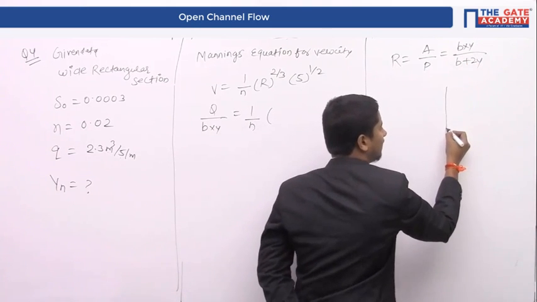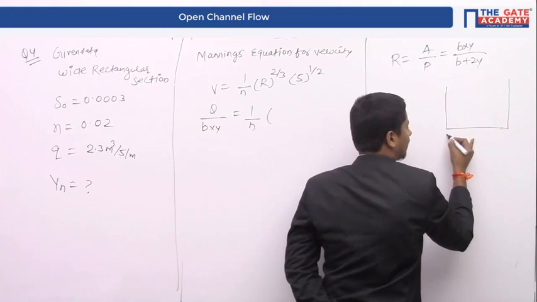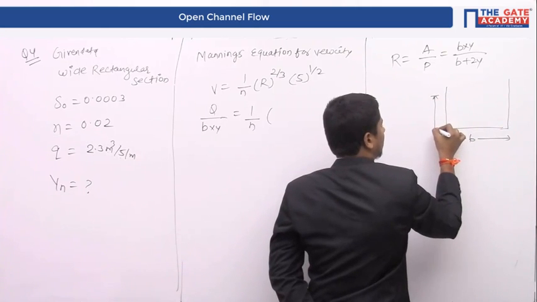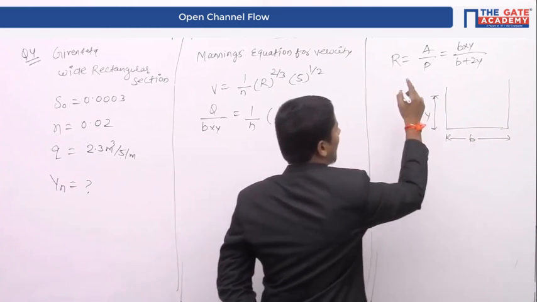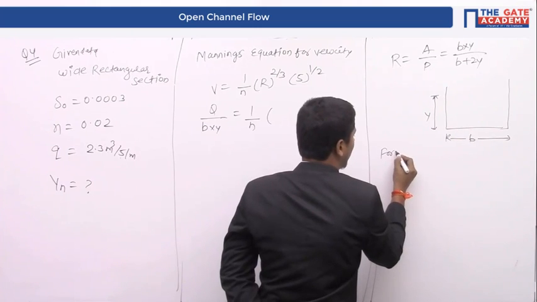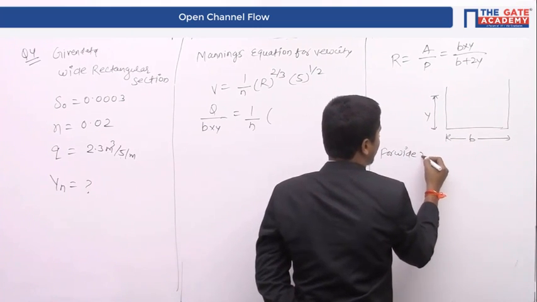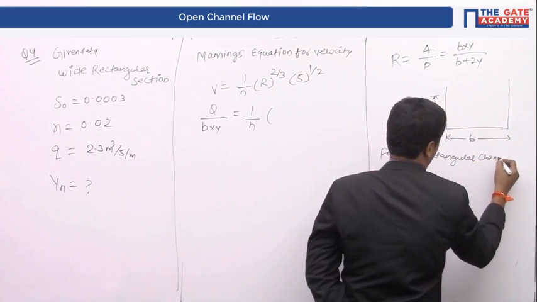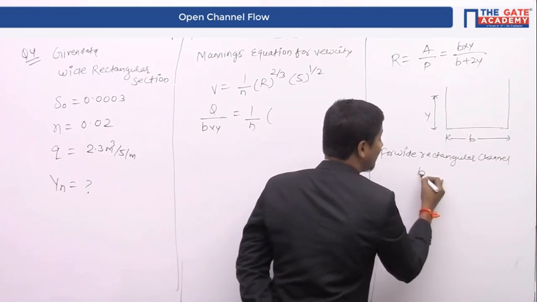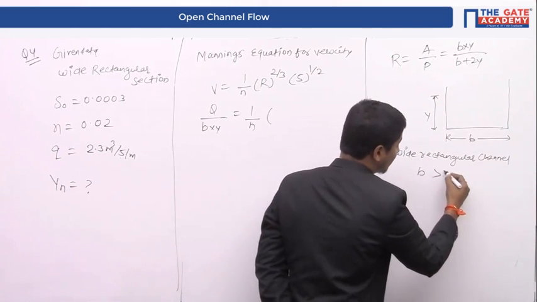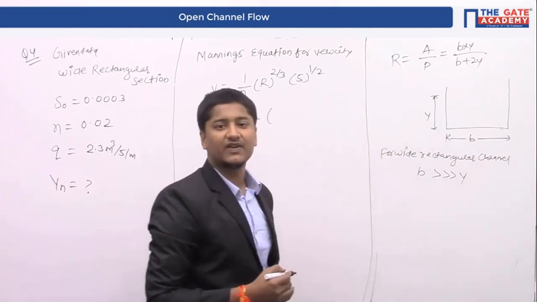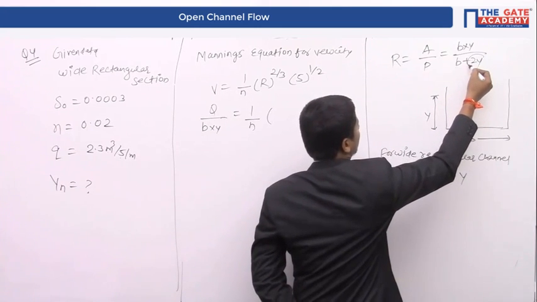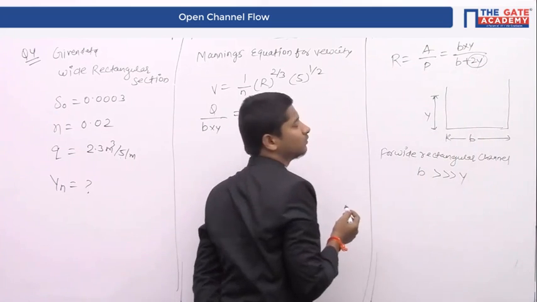So if you look at this part, this is your B, this is your Y. Now for a wide rectangular channel, B is very much greater than Y. If B is very much greater than Y, then this part we can exclude.